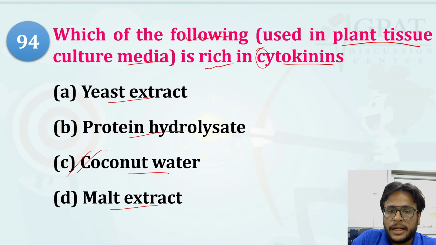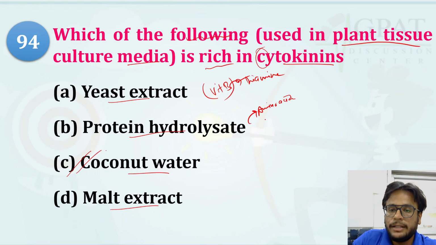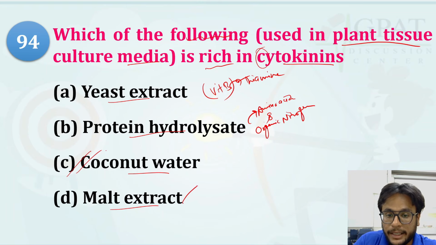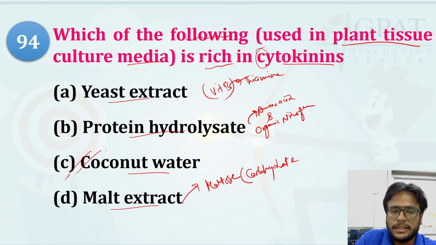Yeast extract is mainly rich in vitamin B, also known as thiamine. Protein hydrolysate is mainly rich in amino acids and organic nitrogen content. Malt extract mainly contains, as its name indicates, maltose, which is a carbohydrate. So C is the correct answer for that question.